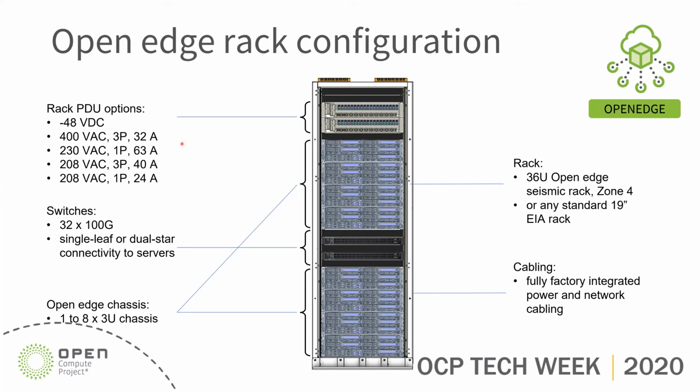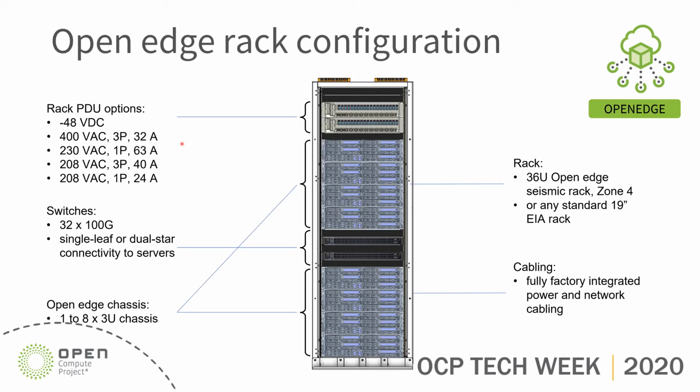There's a 3-phase 32 amp model for most of the world, so to say. We have a 3-phase 40 amp 208 volt PDU for North America and all the other regions in the world that have a lower AC voltage, like for example Japan. So we have a 3-phase PDU and a 1-phase PDU, and also for Europe and most of the world, we have a one-phase 230-volt PDU.